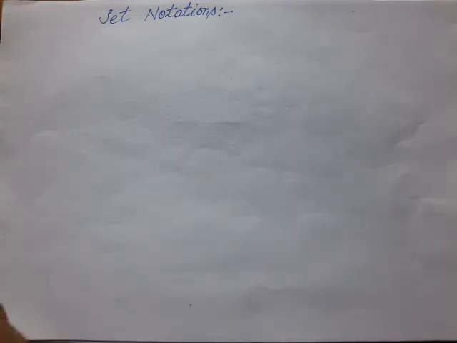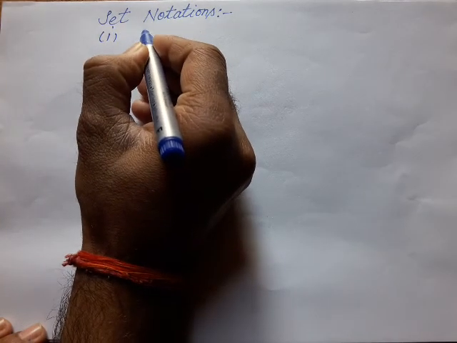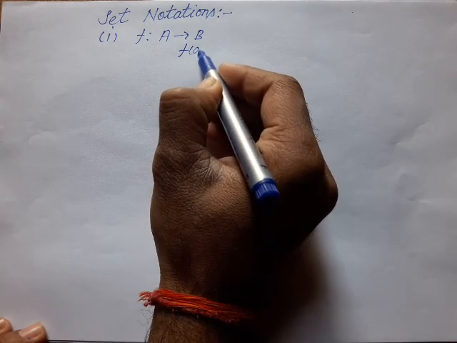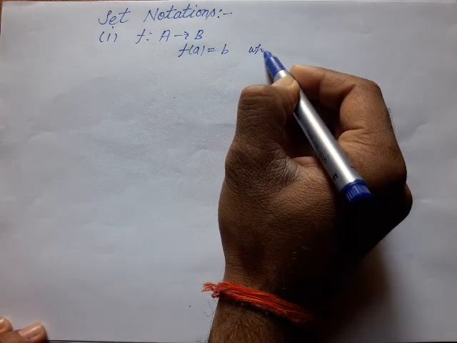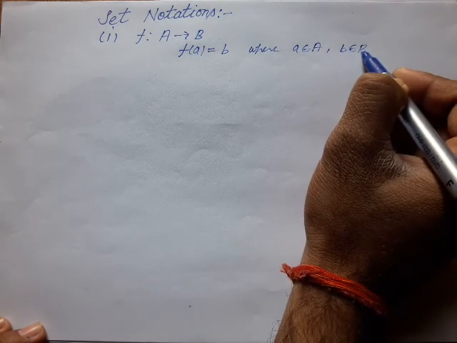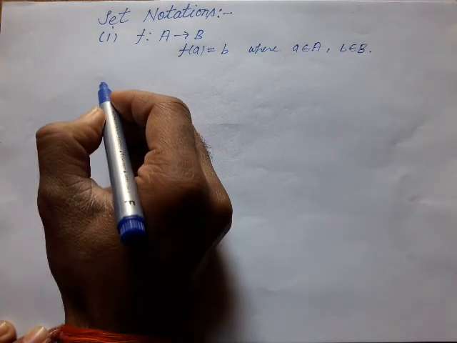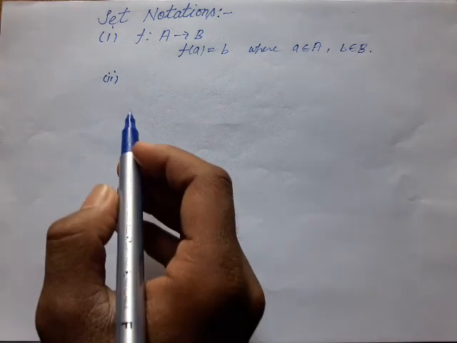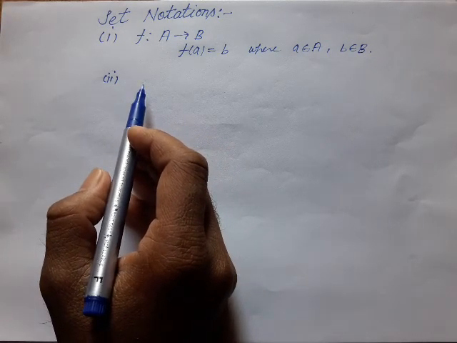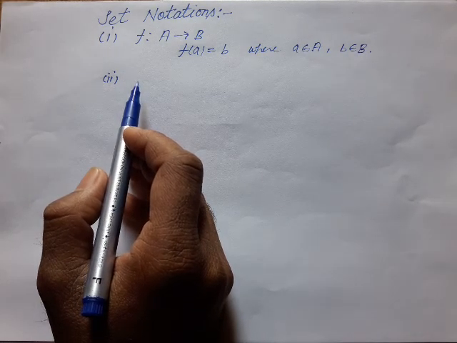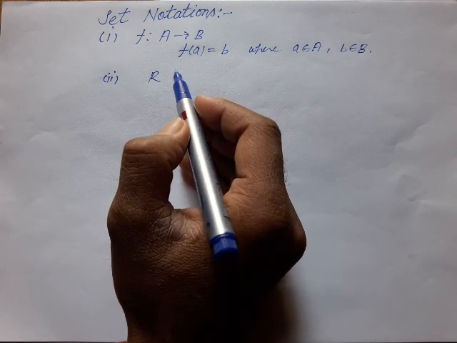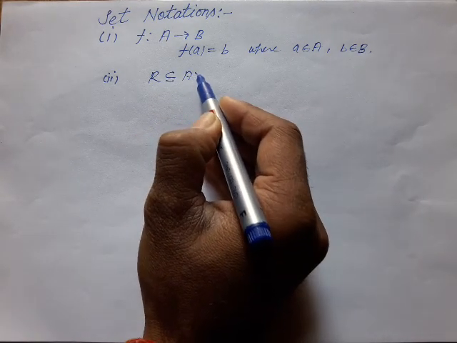Now we learn about the set notations. According to the second definition, if f is a map from A to B, then this can be written as f(a) equals b, where a belongs to A and b belongs to B. But a mapping can also be written as ordered pairs, because the first definition tells us that a mapping is a relation from A to B, and we know that a relation R between two sets is a subset of the Cartesian product of those sets.